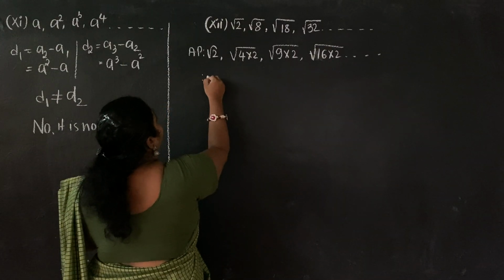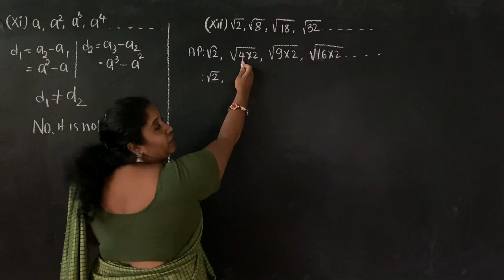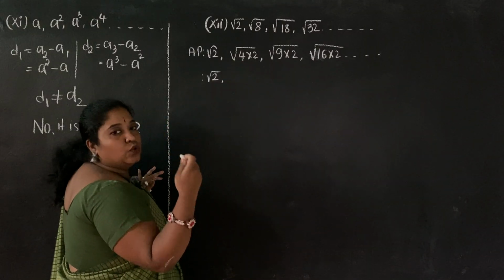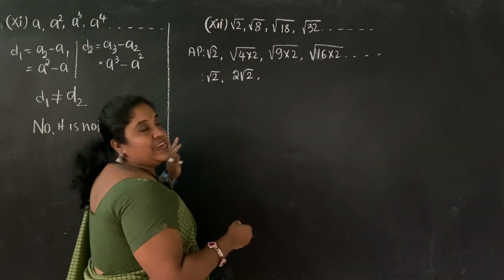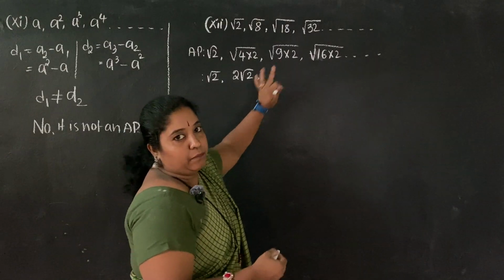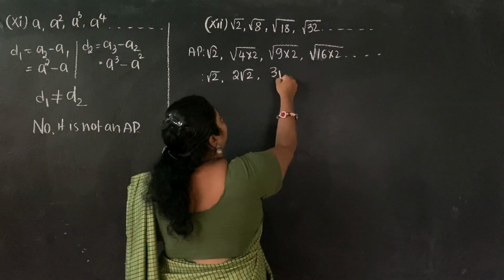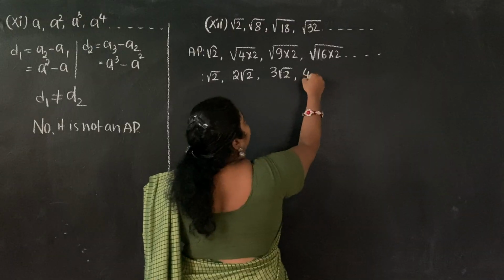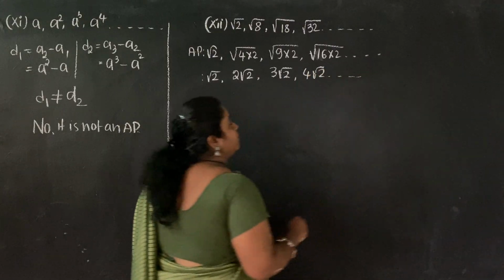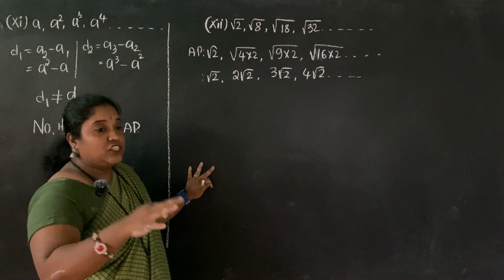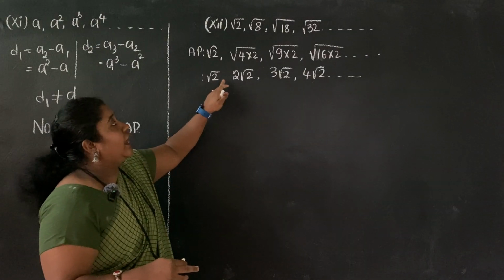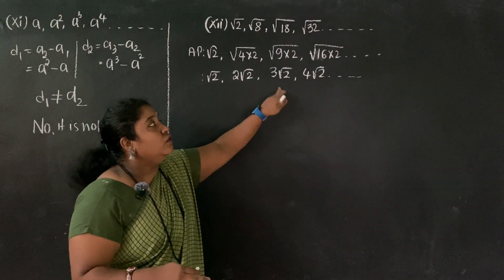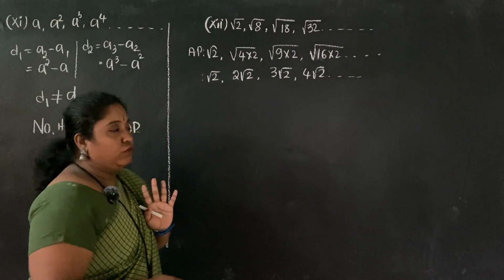See here, I'll be writing root 2 comma, 4 is a perfect square number, 2 comes out, dear. I'll be having 2 root 2 comma, 9 is a perfect square number. So I'll be having 3 root 2 comma, 16 is a perfect square number. I'll be having 4 root 2. Now the question changes. The same question just changed in the form of root 2, 2 root 2, 3 root 2, 4 root 2.